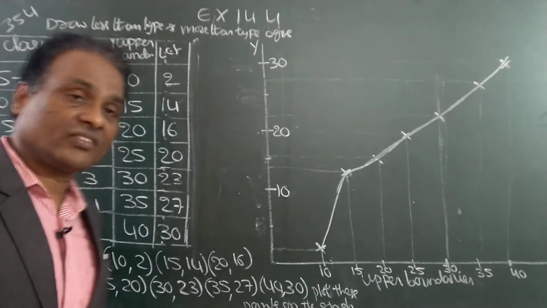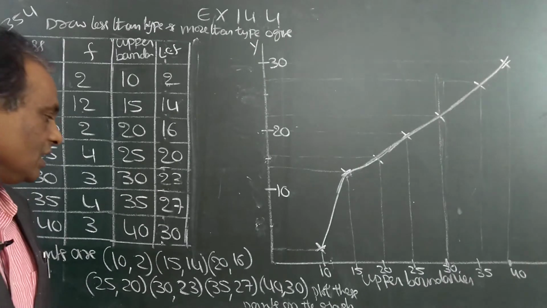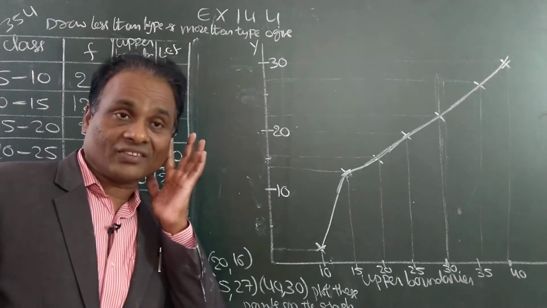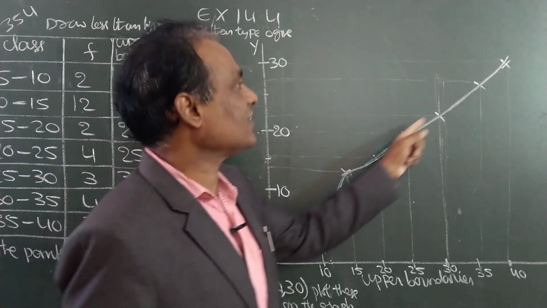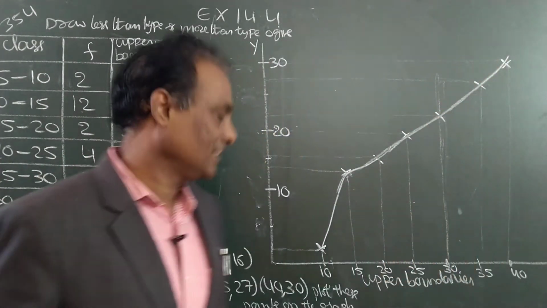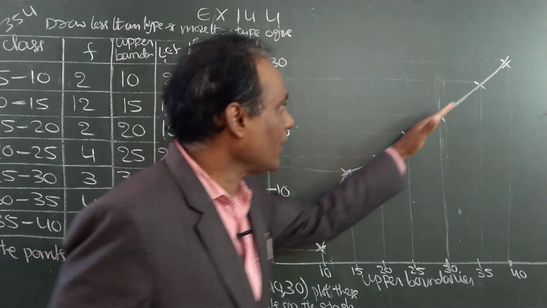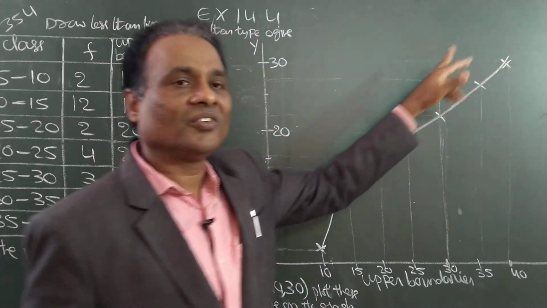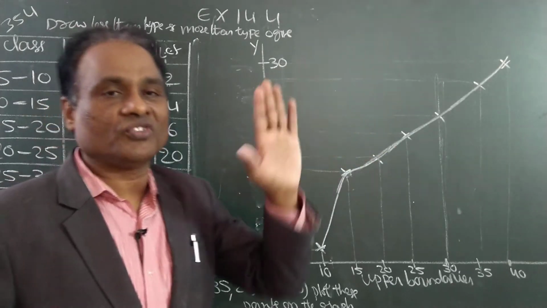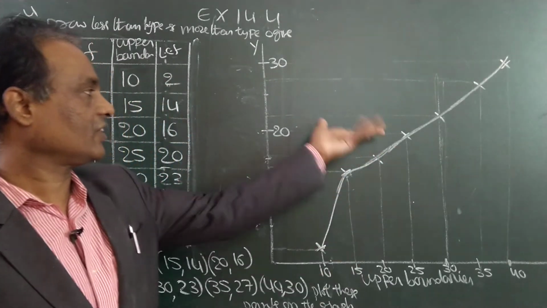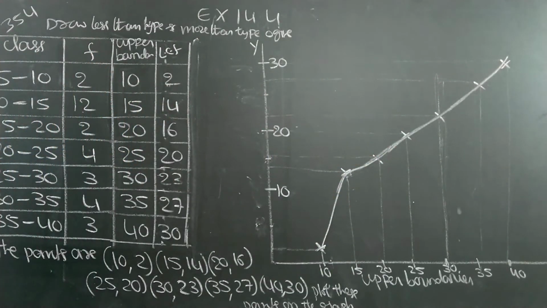Joining these points, we get less than type ogive. Over. This is the less than type ogive.